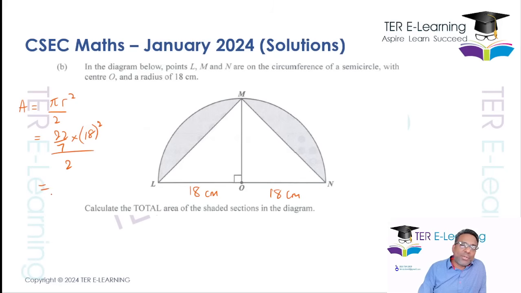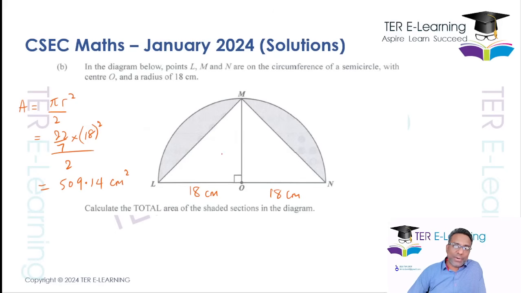That's going to give us about 509.14 cm squared. So that's the area of the whole semicircle.